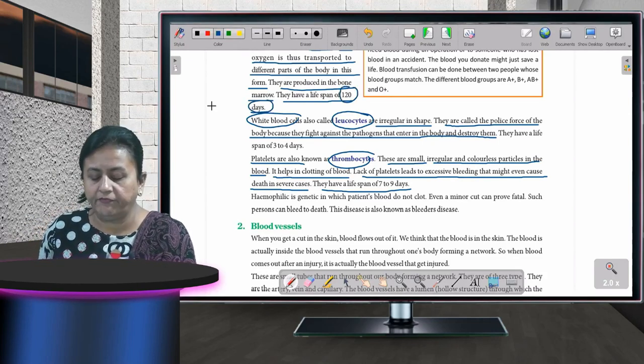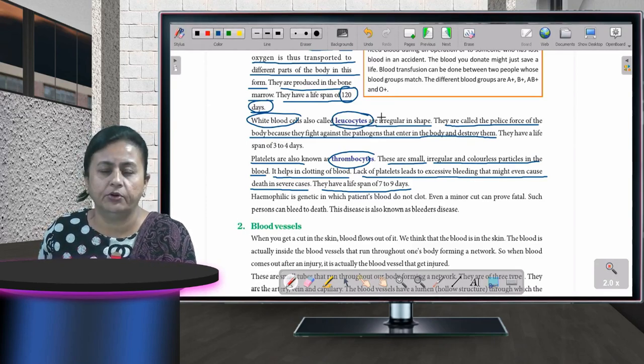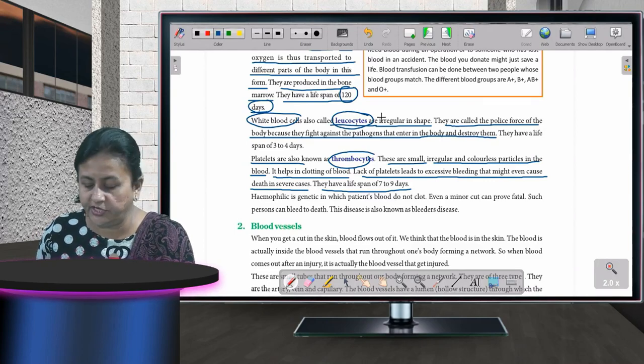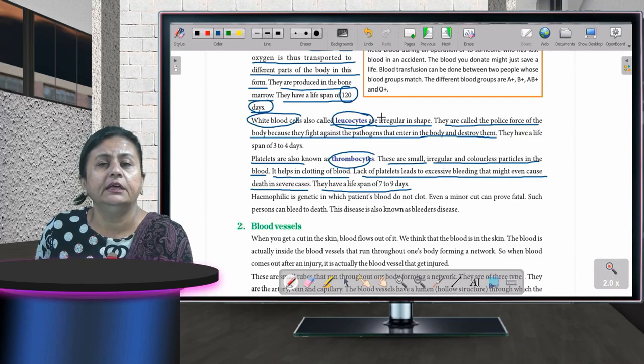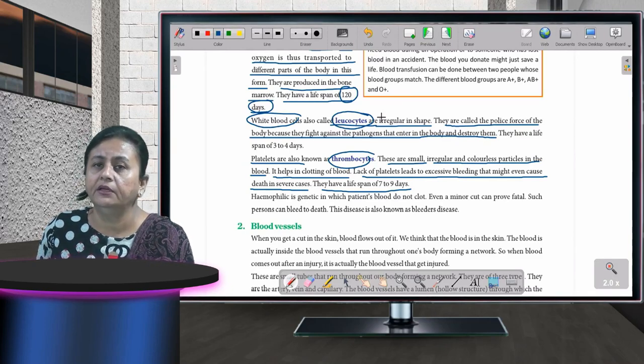Now, if I talk about WBCs, what is the other name for WBCs? It is leukocytes. They are irregular in shape, and wherever there is any problem in the body, they rush to that part and help in fighting the disease.